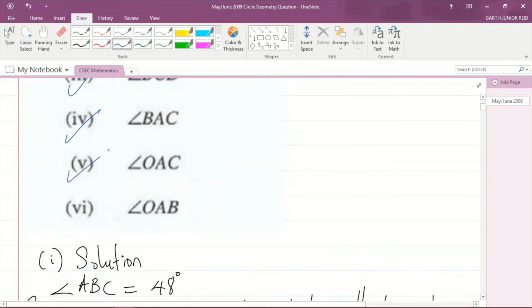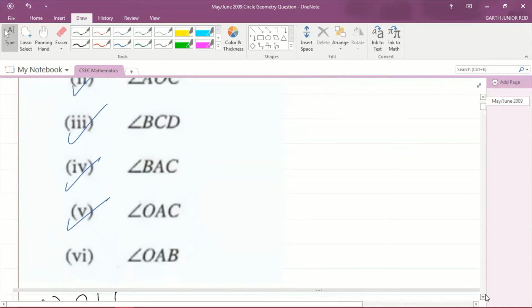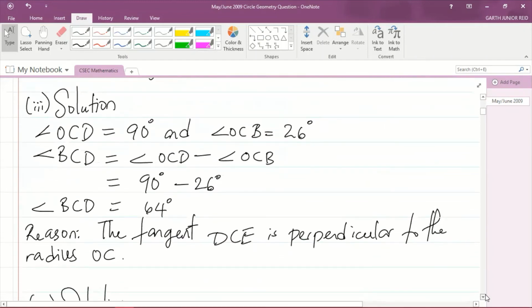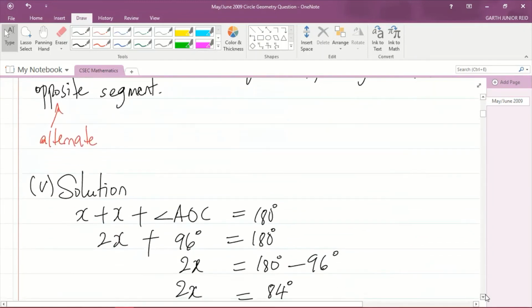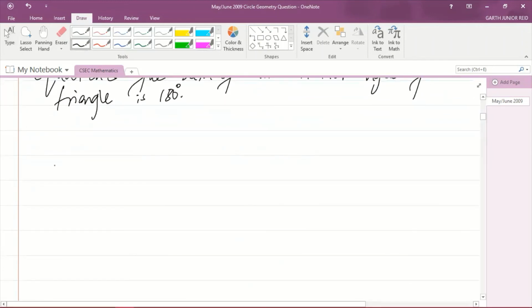We're now going to do the last part of the question, which is the angle OAB. So let's write our solution here. This is now going to be the last part of the question, part 6.